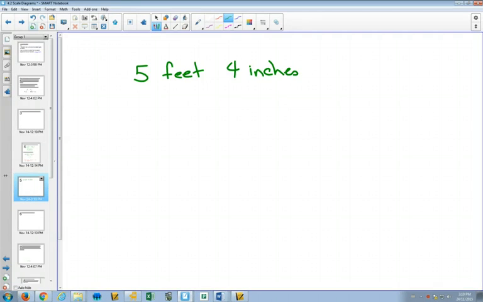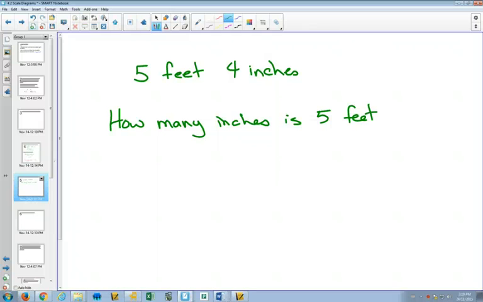How many inches are in a foot? 100. So we're going to start with this. How many inches is 5 feet? So what do we want to find? We want to find how many inches is 5 feet. What do we know?